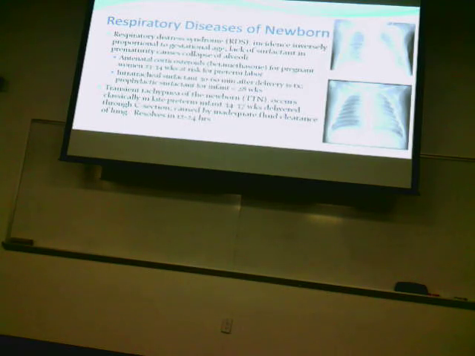So what we do for this is we give antenatal corticosteroids, betamethasone, for pregnant women around 23 all the way to 34 weeks of age at risk for preterm labor. And then once baby's born, we give intratracheal surfactant 30 to 60 minutes after delivery. We also give prophylactic surfactant. They don't have respiratory distress, but they are less than 28 weeks because they need it.